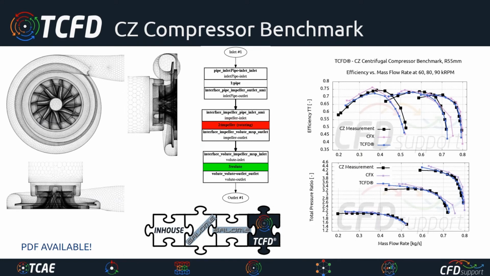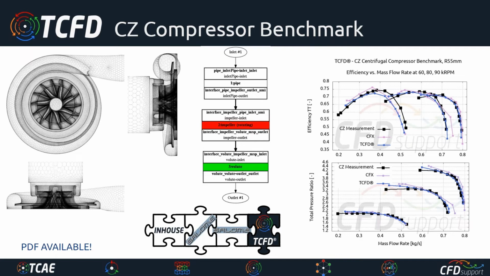The next example is a benchmark on compressible fluid flow. We did this benchmark in collaboration with CZ, the Czech company which produces turbochargers. It's a simulation of the compressor side of the turbocharger. The compressor impeller is 55 millimeters in radius, so it's quite large, and this turbocharger is used in big diesel engines.